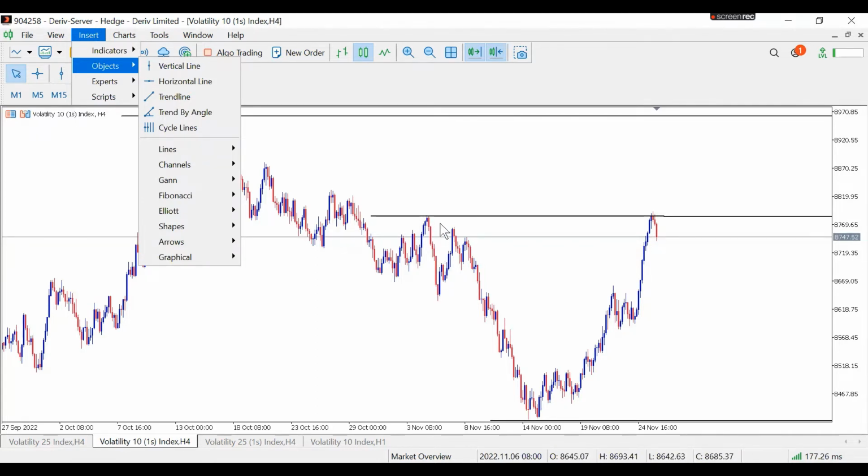Okay, and then we cannot treat this as supply and demand, because one of the golden rules of trading supply and demand is that you only trade fresh zones.